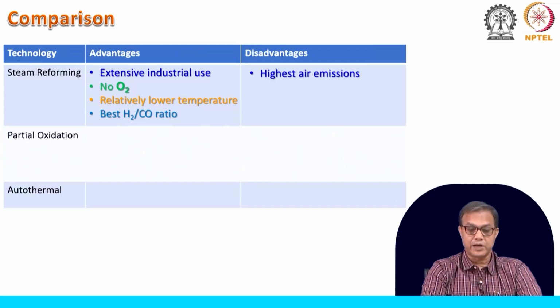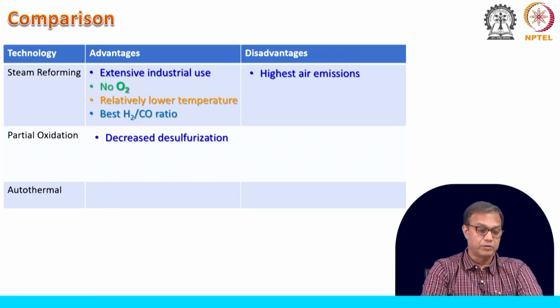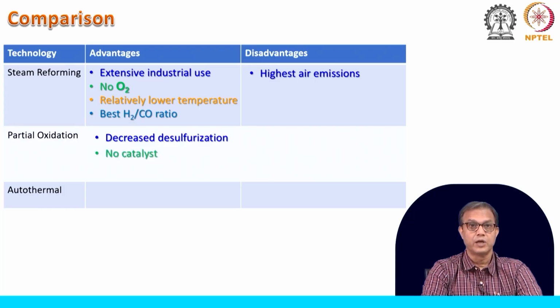On the other side, it has the highest air emissions. And on the other part, if we talk about the partial oxidation, we have decreased desulfurization, that is, the feed treatment initially is not needed, and there is no catalyst of course, but this partial oxidation will need the oxygen supply.